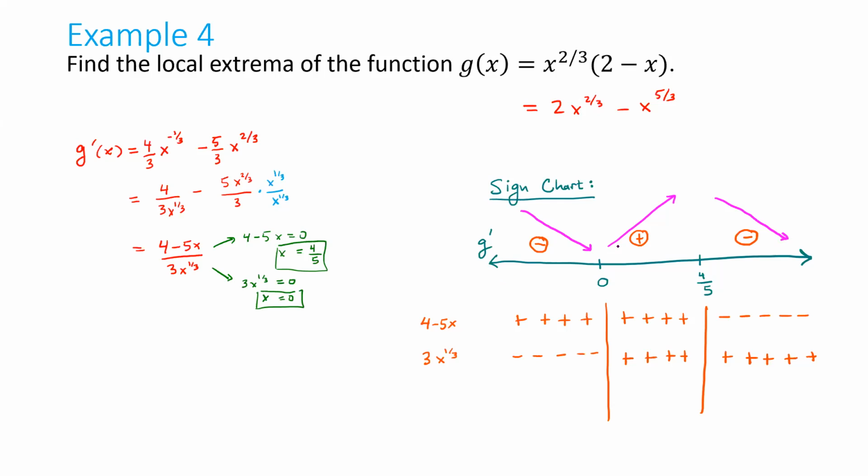And we see at these points in particular, at x equals 0, it changes from negative to positive. And then at x equals 4/5, it changes from positive to negative. So that will be where we have our local minimum value at x equals 0 and our local maximum at x equals 4/5.